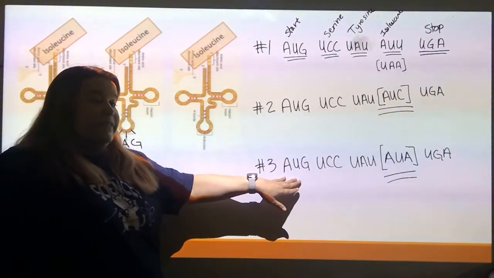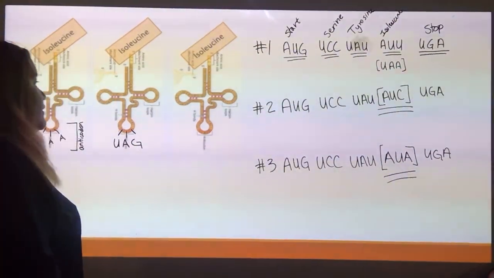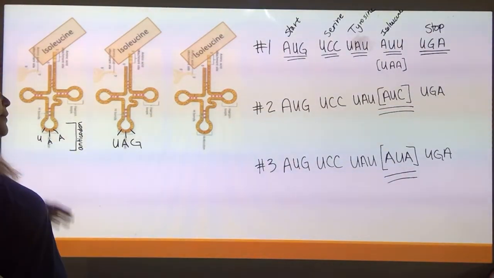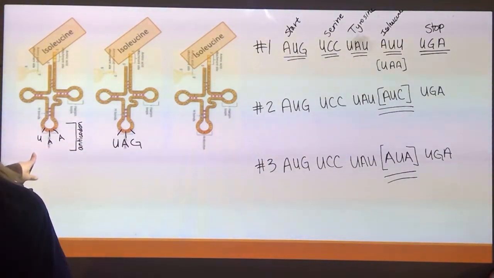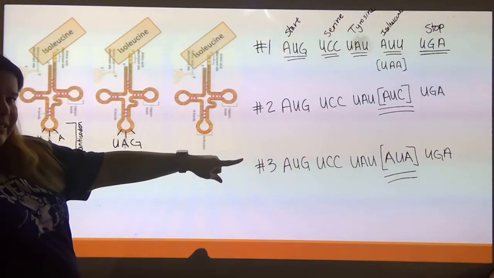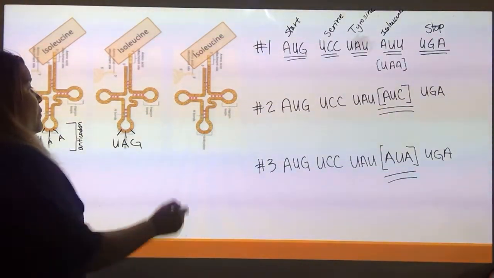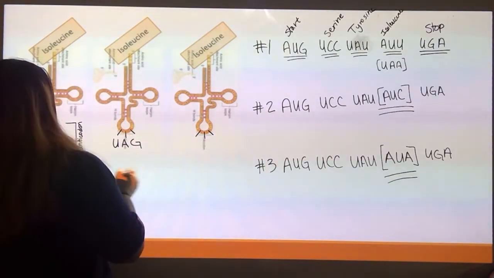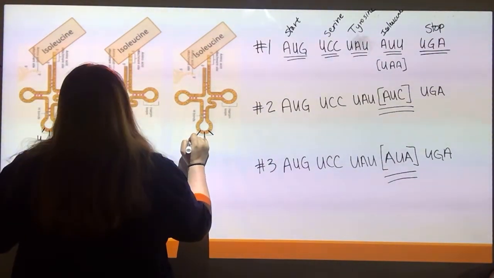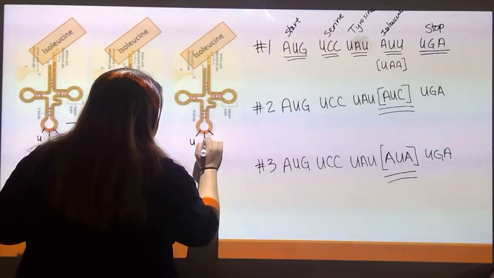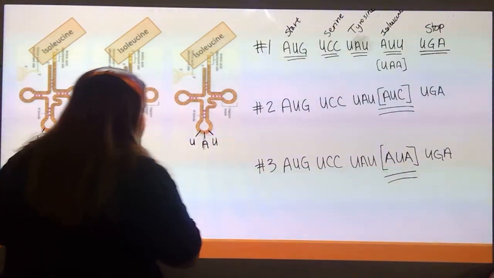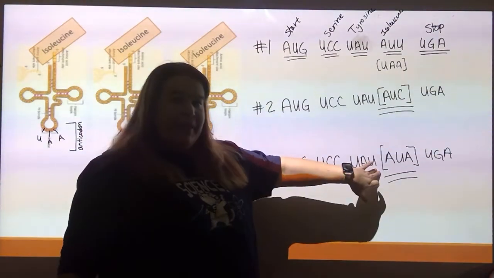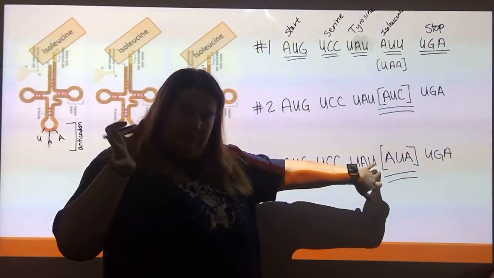In the case of sequence 3, is AUA still isoleucine? Yes, but neither one of these anticodons matches AUA. So I would need another transfer RNA or tRNA that has the anticodon UAU that would complement the AUA.